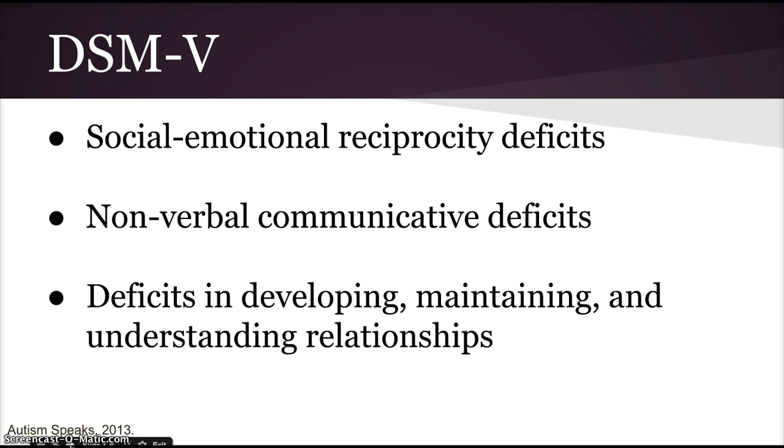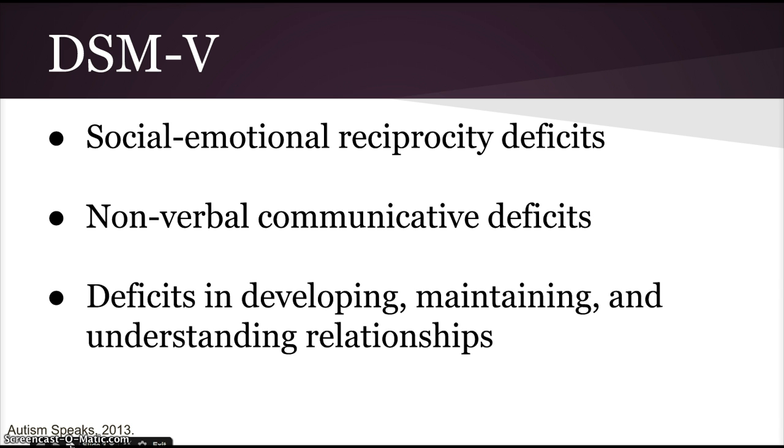People with ASD also experience deficits in nonverbal communicative behaviors for social interaction, ranging, for example, from poorly integrated verbal and nonverbal communication to abnormalities in eye contact and body language, or deficits in understanding and use of gestures, to a total lack of facial expressions and nonverbal communication.